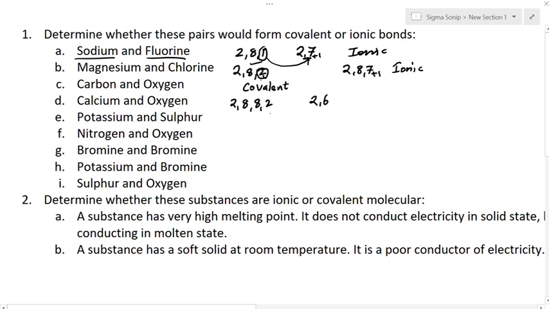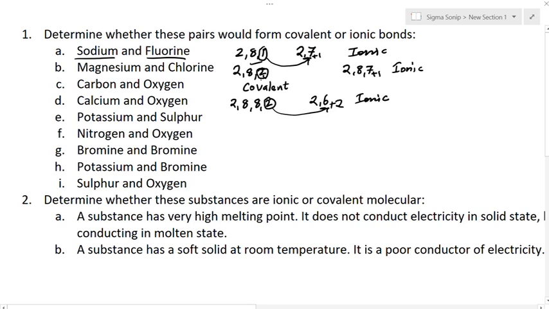So we see that calcium needs to get rid of these 2 electrons, and oxygen needs to gain 2 electrons. So complete transfer of electrons would take place. We would get positive and negative ions, and the bond would be ionic.